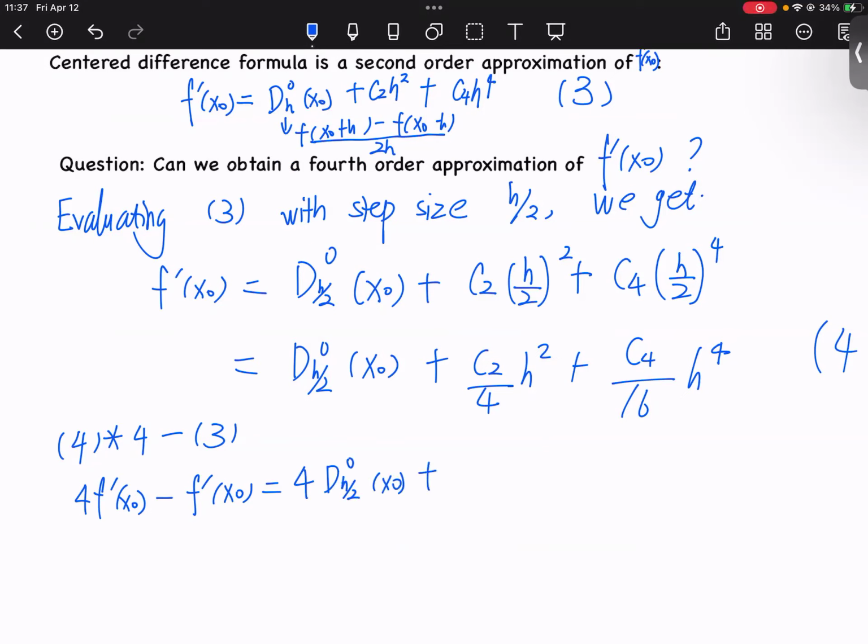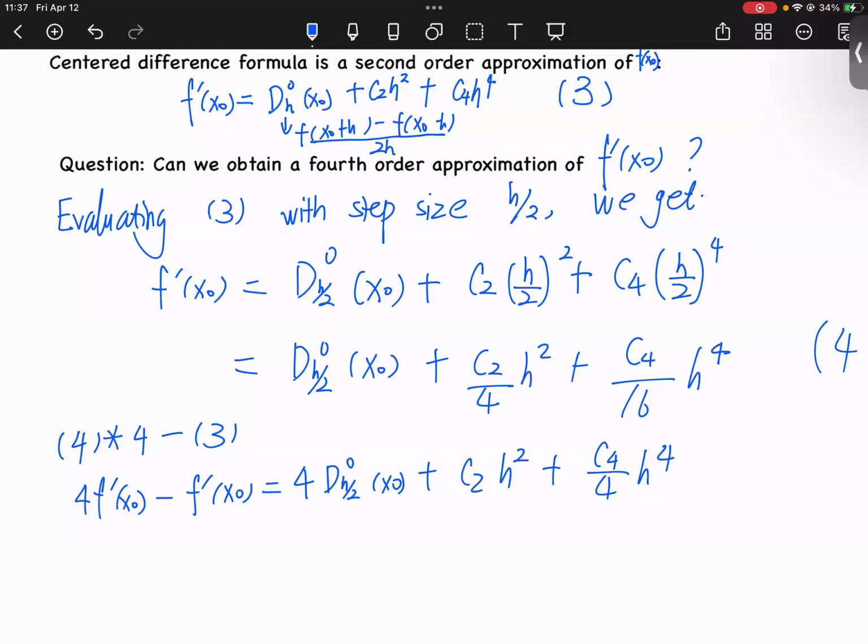Here I got C2 because this is C2 divided by 4 and then times 4, and this one I get C4 divided by 16 and then times 4. So that's what I have below: C2 h squared and C4 4h to the fourth.